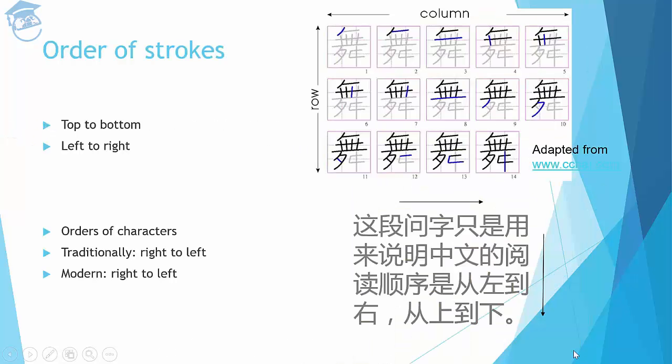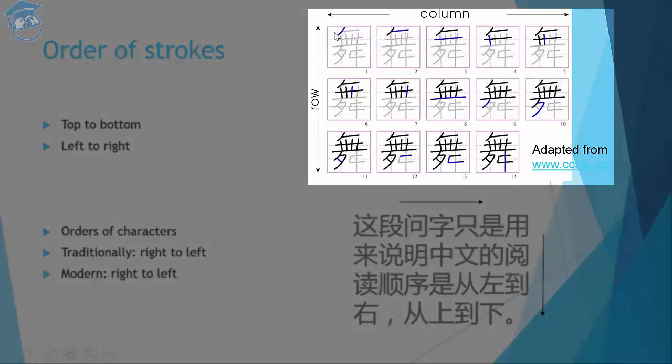And next, we will talk about the order of strokes when writing a Chinese character. In general, we always start from the stroke from the top left corner. So this one is one of the strokes you've seen in the last slide. So it's coming from top right to bottom left. And then the next one, it's the horizontal stroke, so going from left to right. Then we move to the one below, and the same thing from left to right.